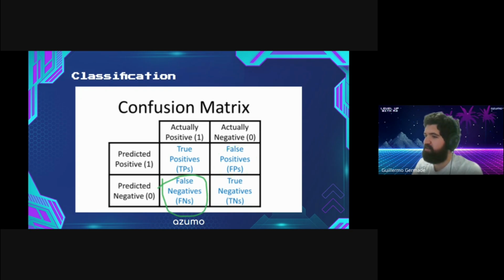I'm sure you've all heard the term false positive before, especially during COVID, because famously, the tests were optimized to try to be really precise with finding positives. But that means that it will sometimes have false positives.